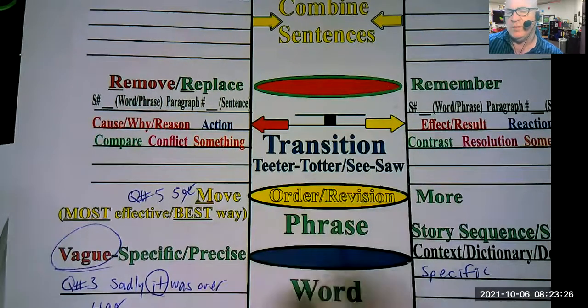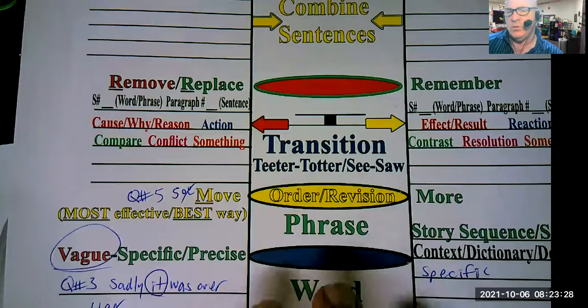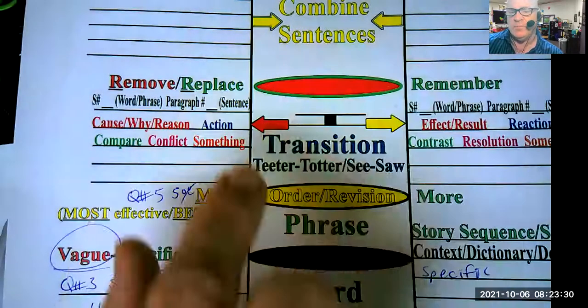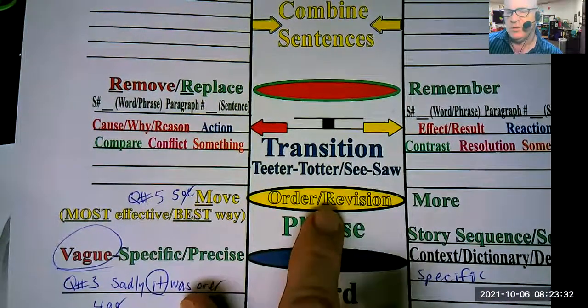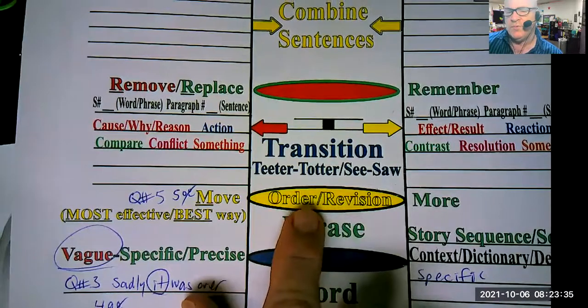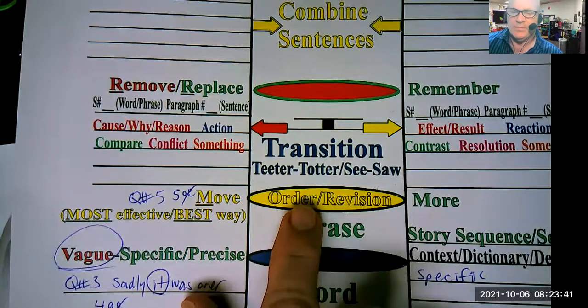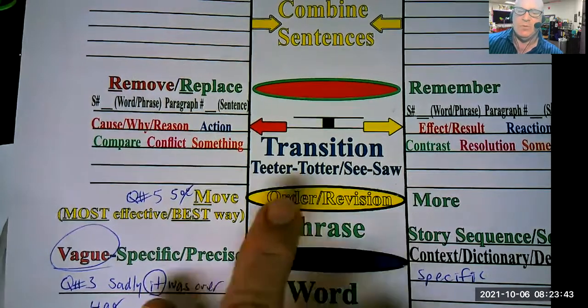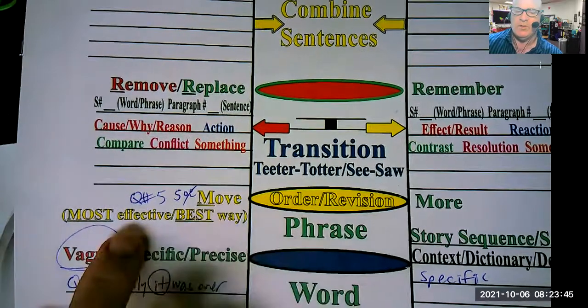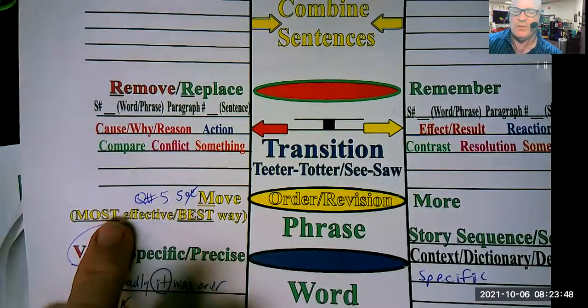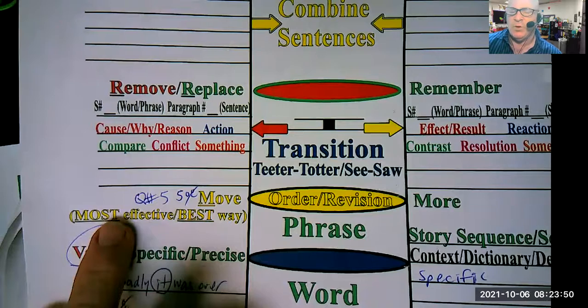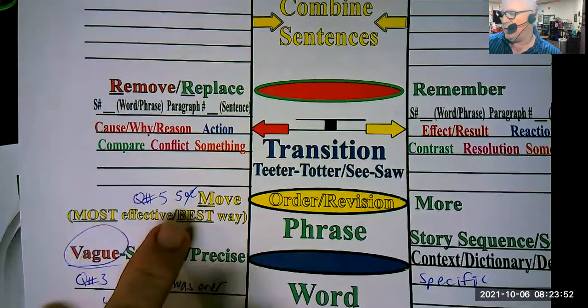The lower the level the word or phrase is on the arm, the easier the question should be. When they say for revision, all they were doing was asking you change the order of the words in the sentence, move them around so that you can find the one that is most effective or written the best way.